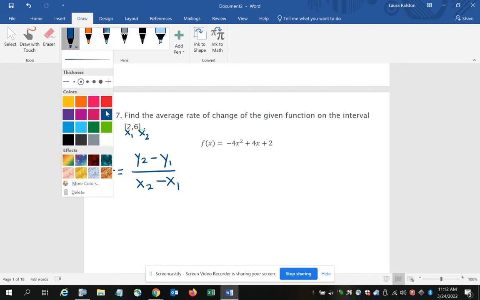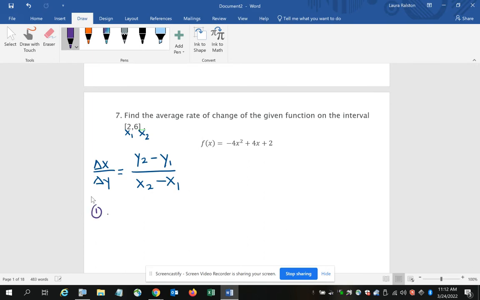And so this is really a 3-step problem. Step 1, we need to find f at 2, because that's our x1 value. So I'm going to substitute 2 into the given function. So I have -4 times 2 squared plus 4 times 2 plus 2. I'm going to do the math. -4 times 4 plus 8 plus 2.